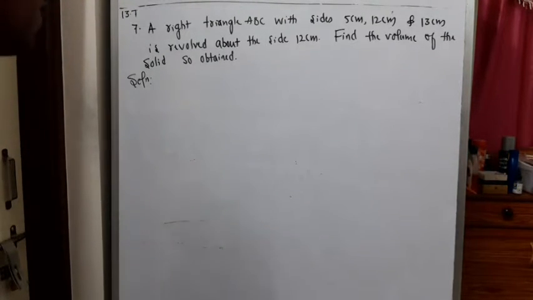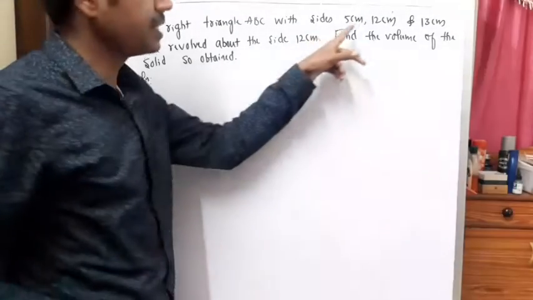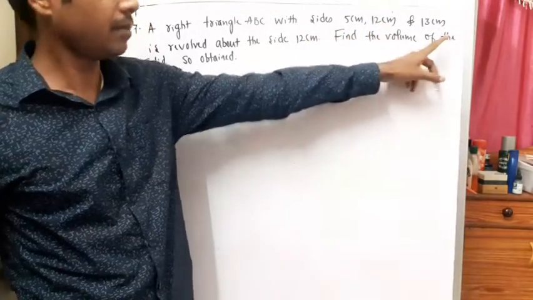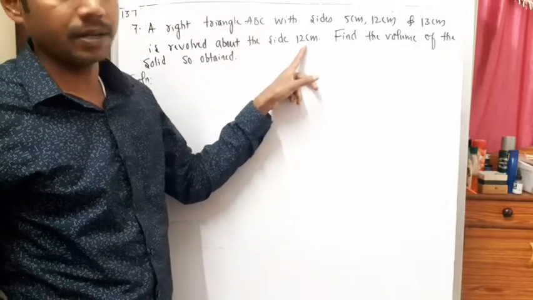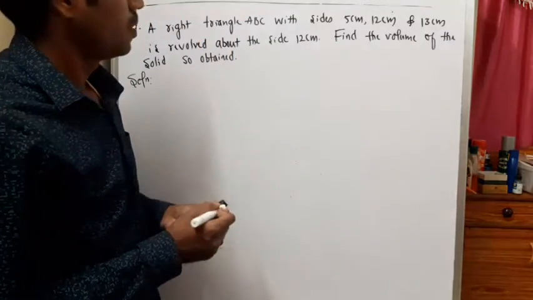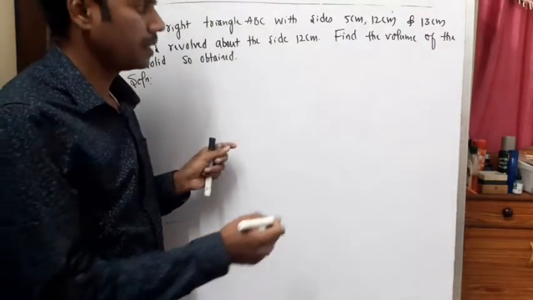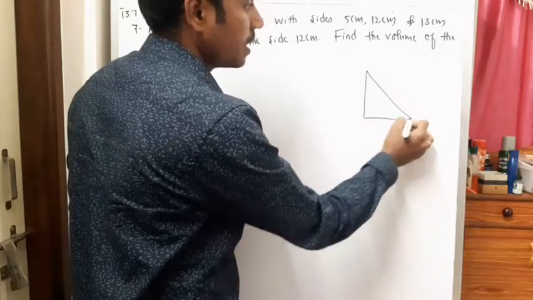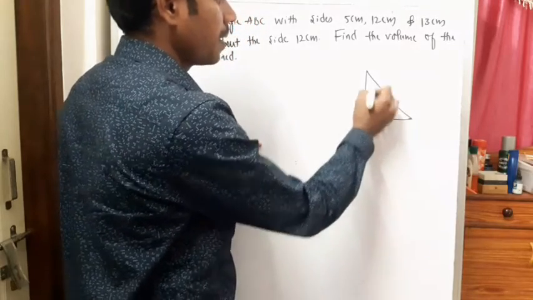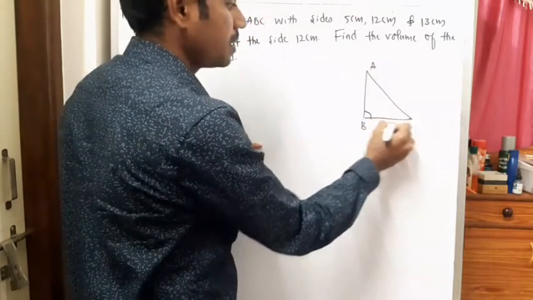7th question. A right triangle ABC with sides 5 cm, 12 cm and 13 cm is revolved about the side 12 cm. Find the volume of the solid so obtained. See, there is a right angle triangle ABC.